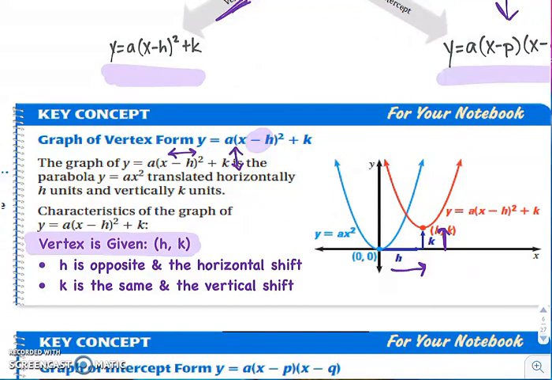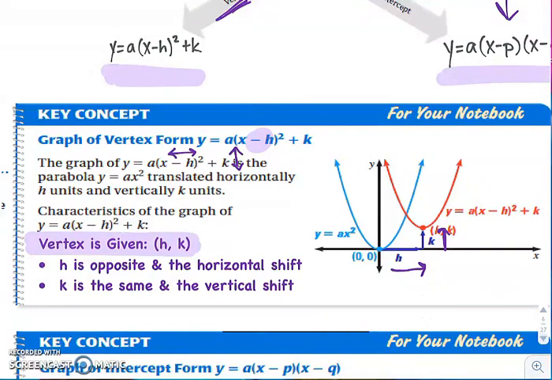If it said plus 2 on the inside, you'd actually move to the left 2. The reason is that it's always minus your value. So it would be minus a negative 3 on the inside of those parentheses. We wouldn't write it as a minus negative. We just write it as x plus. And that's how it becomes the opposite.